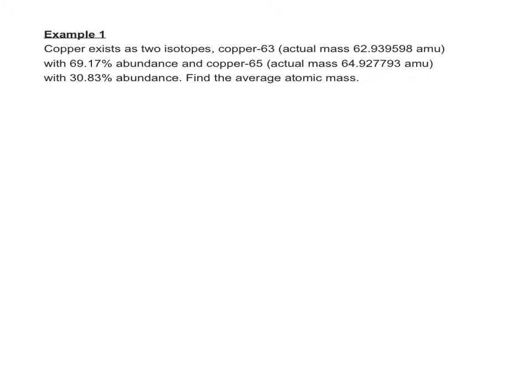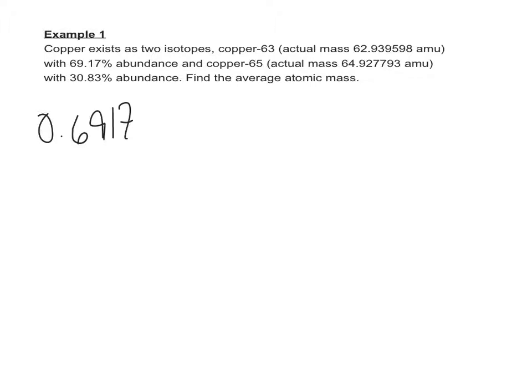So 2 isotopes means I'm going to have 2 percentages and 2 multiplications. Copper 63 has a 69% abundance, which translates to 0.6917. Now notice I have copper 63. Remember that number at the end tells you the mass number.